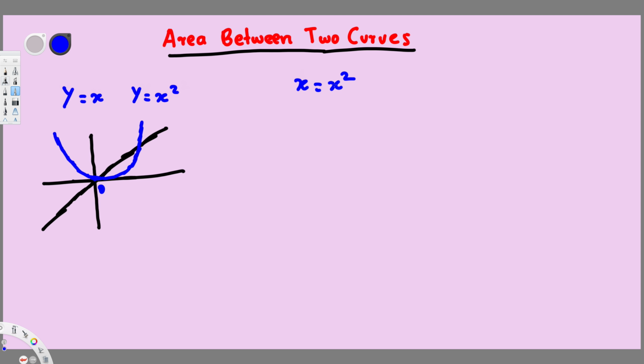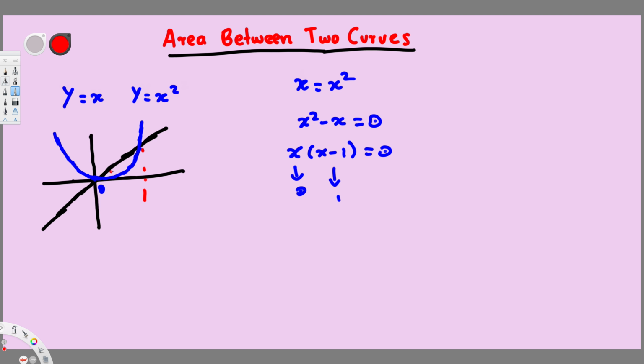So here, if you rearrange this one, x squared minus x is equal to 0. And if you take the x common, this is going to be x times (x minus 1) is equal to 0. From this one, we know that x is going to be 0 and x is going to be 1, right? So 0 we already know. So this one is going to be 1.